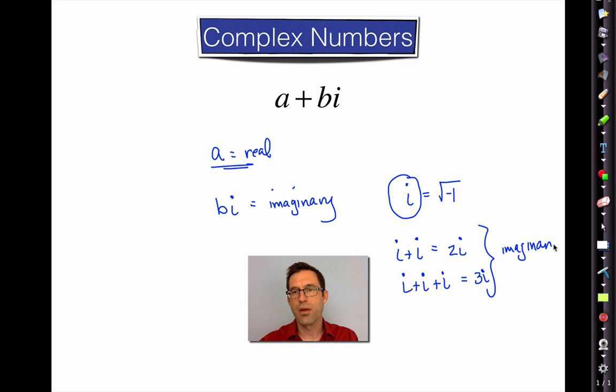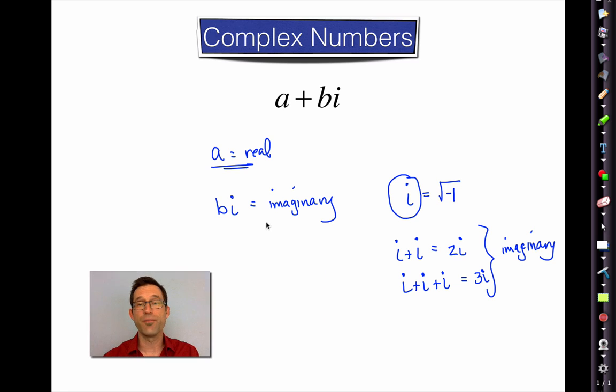imaginary numbers. So the idea here is that we have some purely real number, and then some real number times i, which by default is an imaginary number. We could have something like 5 plus 7i, with a real component and an imaginary component.